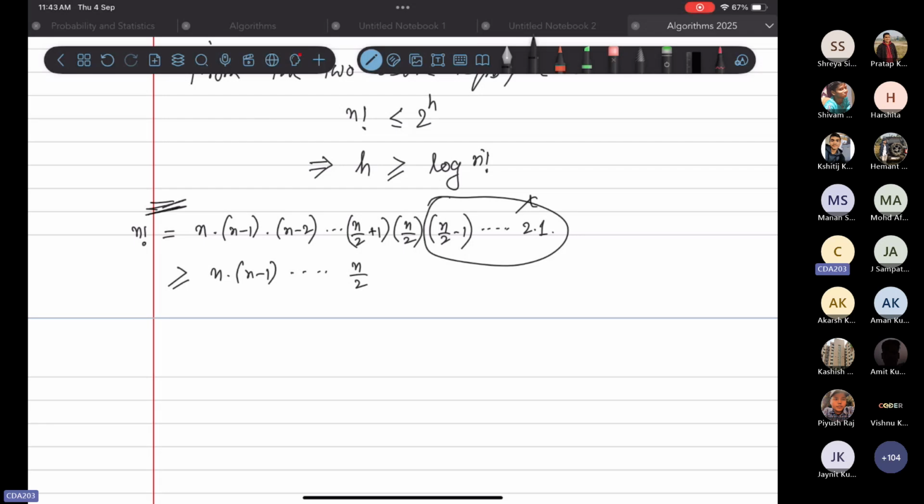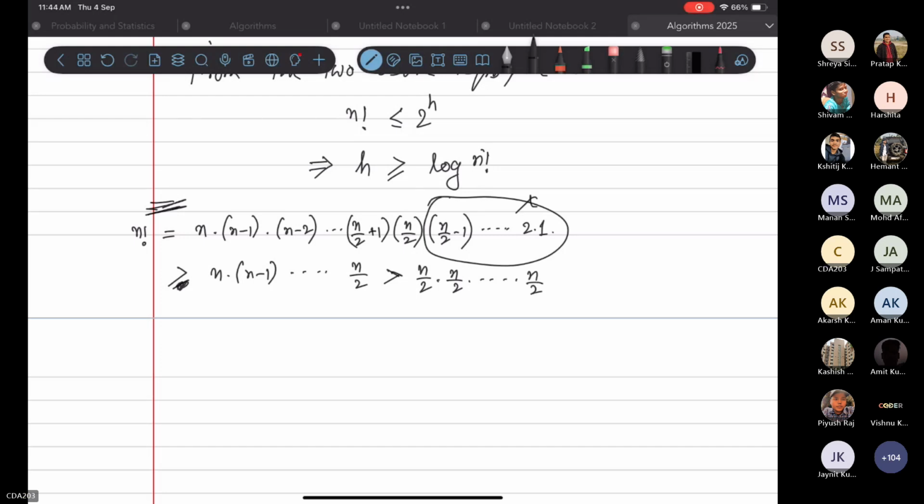So how many terms are there? These many terms. And again, I remove them. So how many terms are there? n by 2. Right? So what if I replace everything, strictly greater, by n by 2.